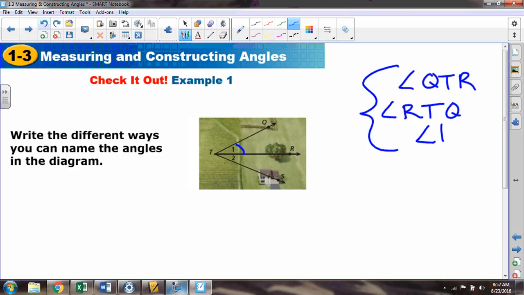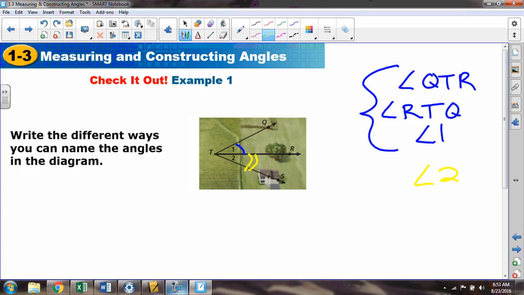Let's pick just one way of naming angle 2. What would you want to call angle 2? I can tell you, I would just say angle 2. It's got a number. If it's already numbered, why not take advantage of the simple notation, which is right there. We don't need to worry about having some three-letter notation because it's already labeled for us.